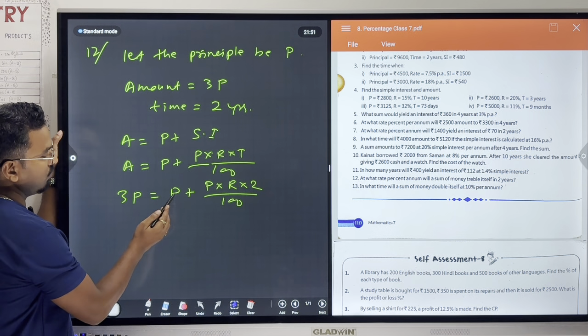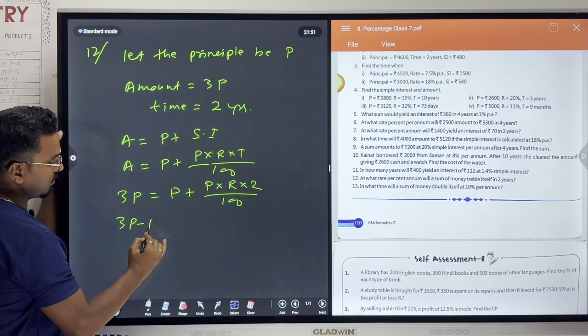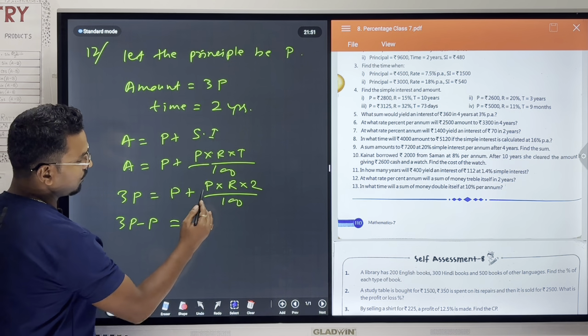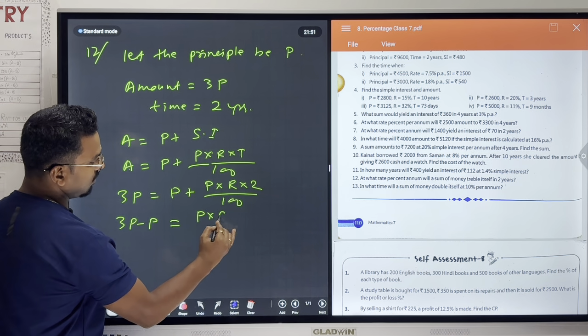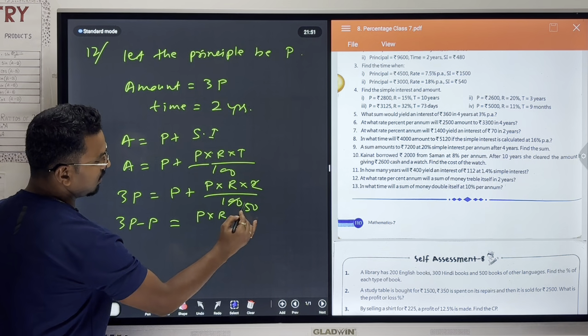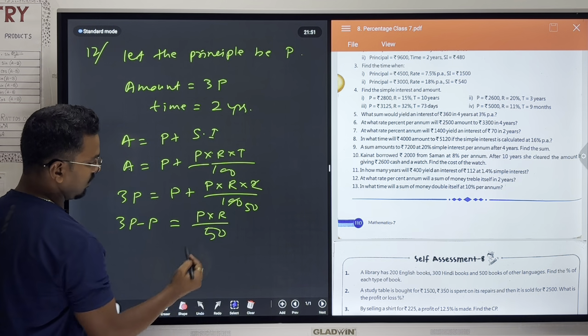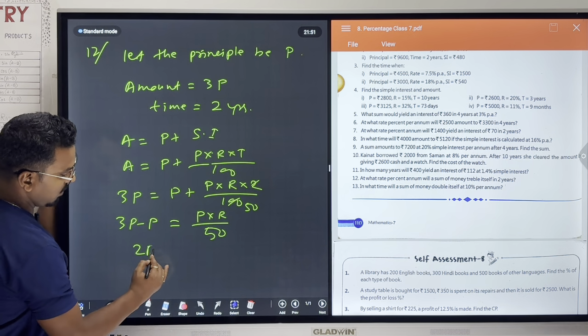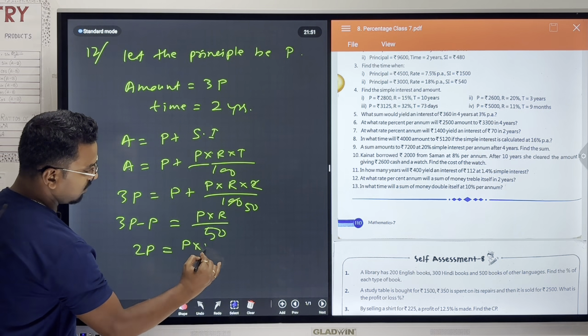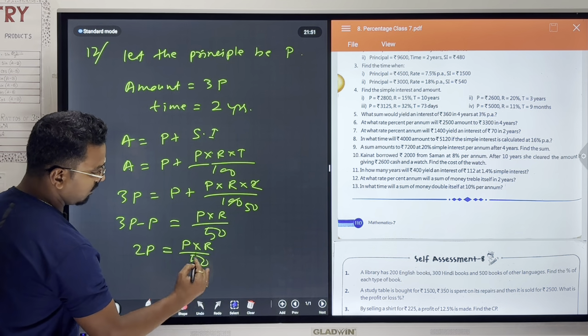So this P, you move it to the other side: 3P minus P is equal to P into R. This one you can cancel, so this will become by 50. So 2P is equal to P into R by 50.